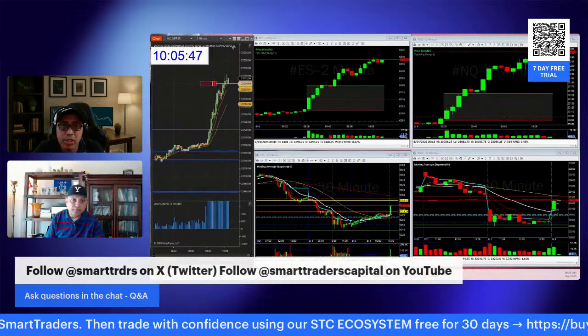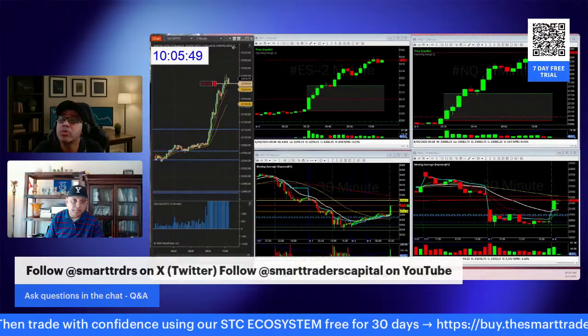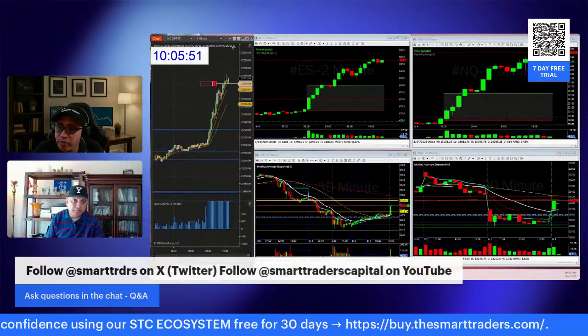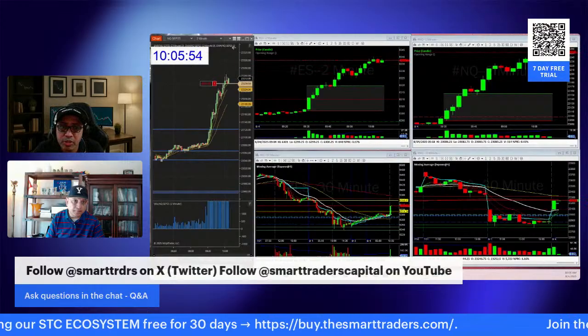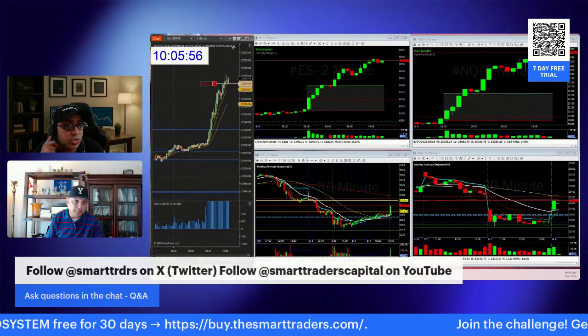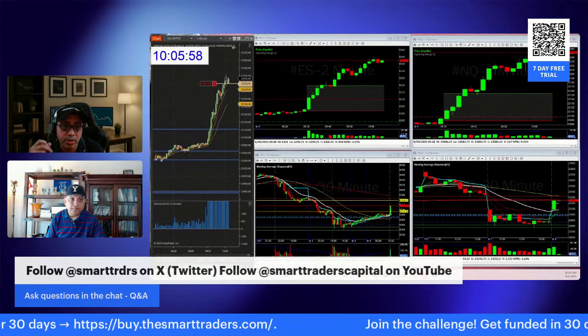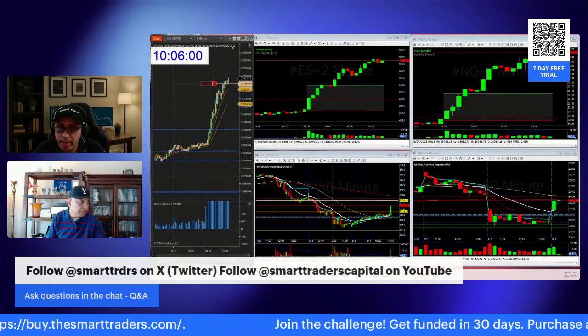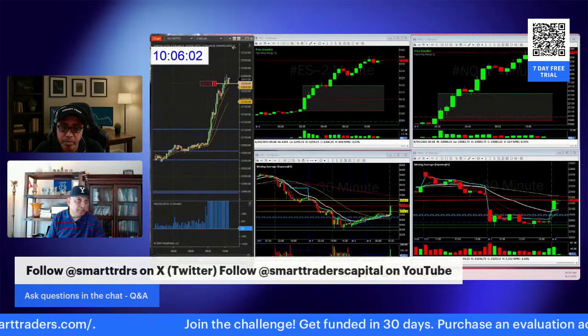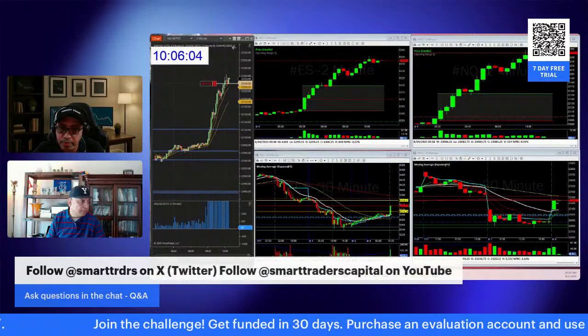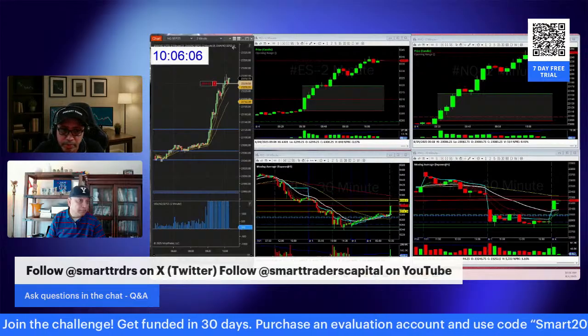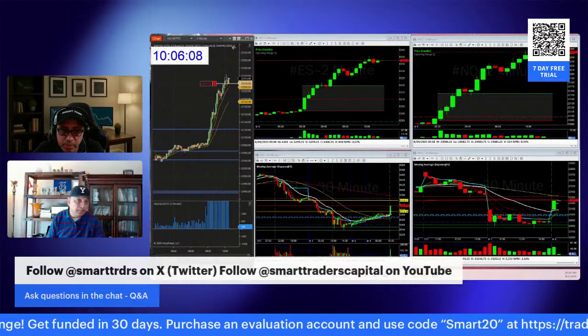If you look at the 5 minute, we have an indecision candle, but if this indecision candle fails, it's gonna squeeze really, really hard. I'm gonna risk over the top.